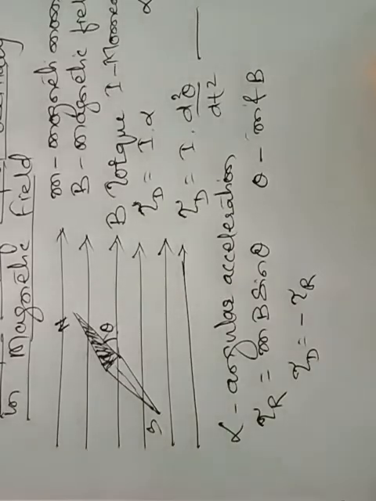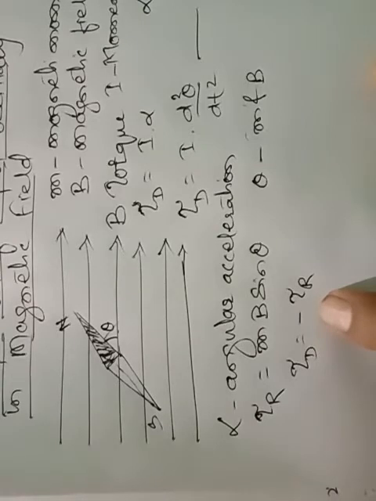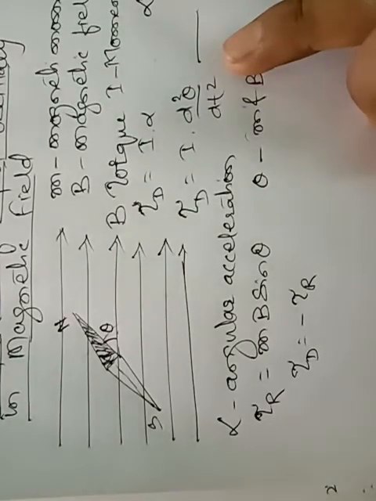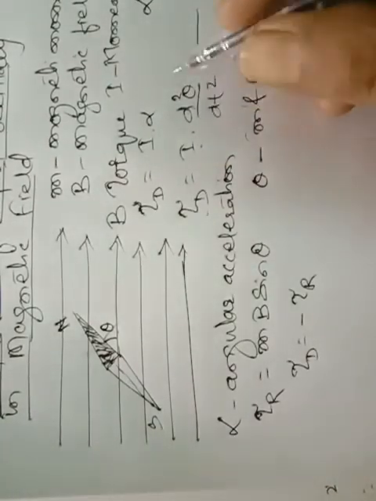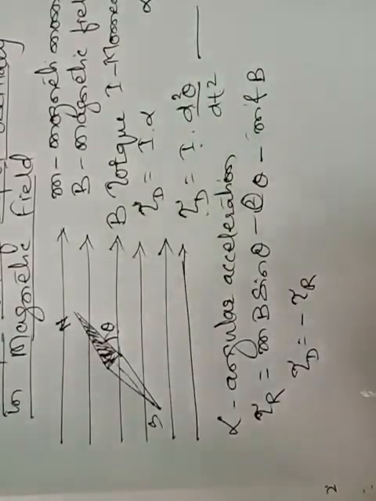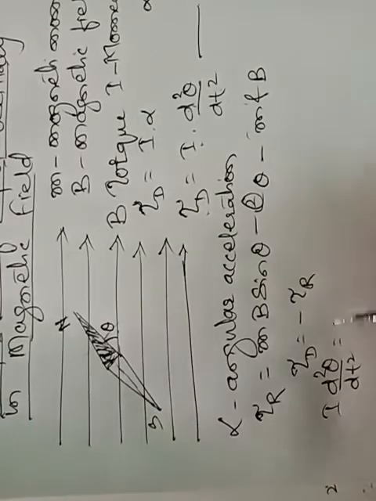Since they are equal and opposite, the minus sign indicates that tau d and tau r are in opposite directions. From the first relation, tau d is equal to I into d square theta by dt square, and this is equation number 2. So from equations 1 and 2, we get I d square theta by dt square is equal to minus mB sin theta.